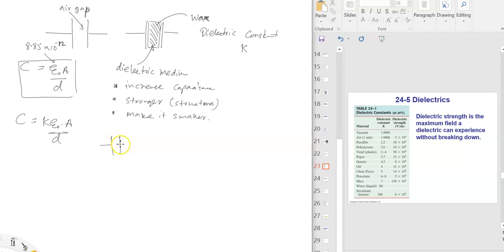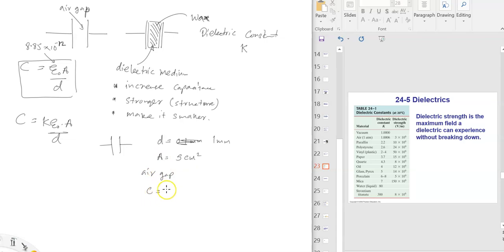We have a parallel plate capacitor with D equals 1 millimeter, and plate area is, let's say, 5 centimeters squared. And if it is an air gap, what's the capacitance?